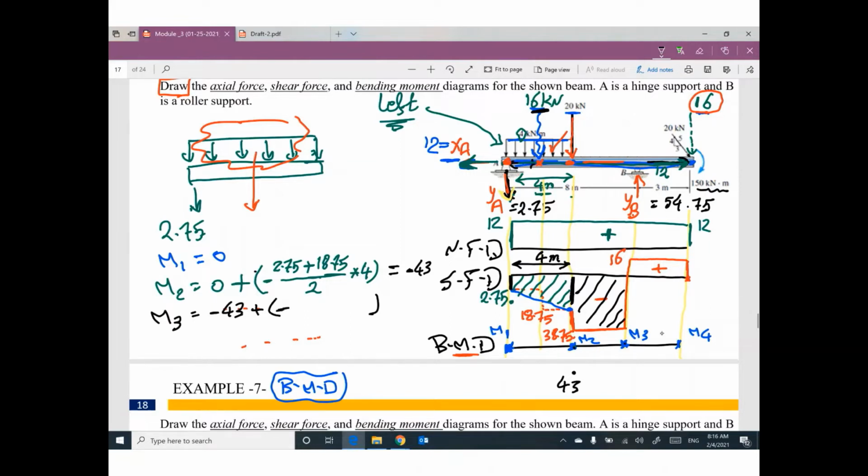How much? 38.75 times 4. This distance is 4. And this height is 38.75. So the value of the moment, negative 198. So we have a value here, negative 198.